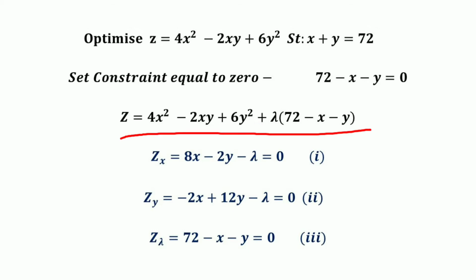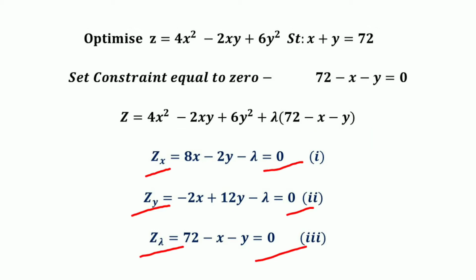So here the Lagrangian function z is equal to the objective function, that is 4x squared minus 2xy plus 6y squared, plus lambda into the given constraint which is equal to 0, that is 72 minus x minus y.